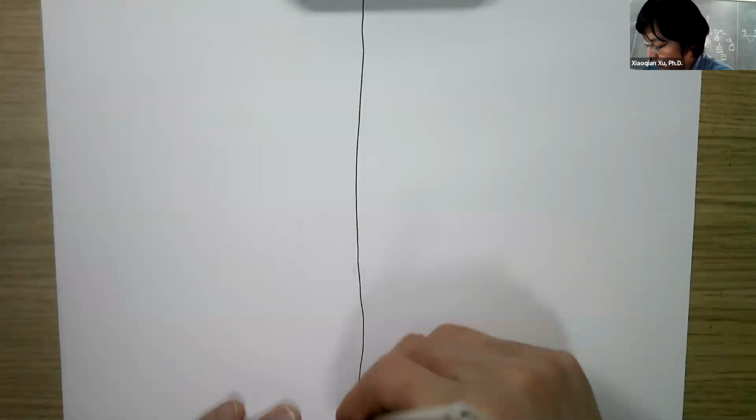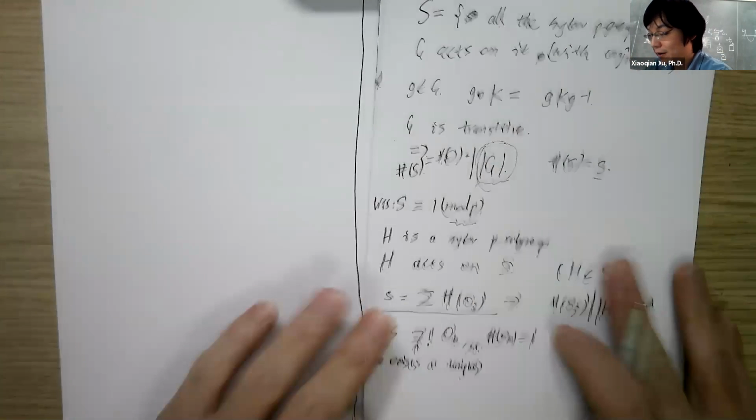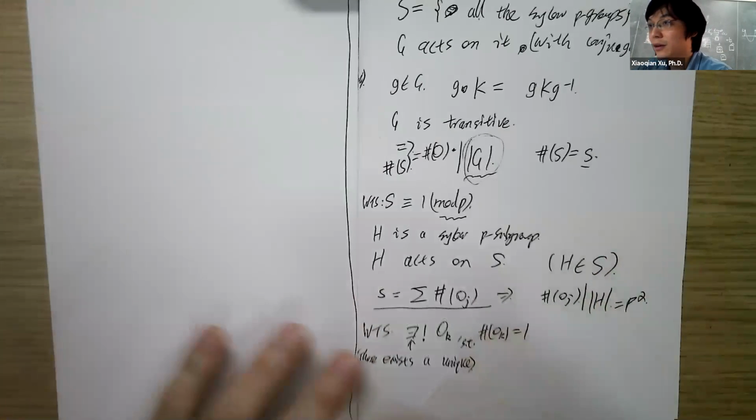So that means we need to consider in what situation you can have an orbit with only one element.